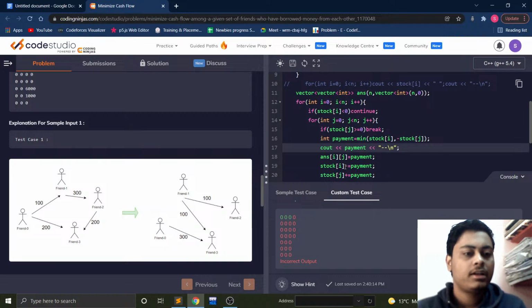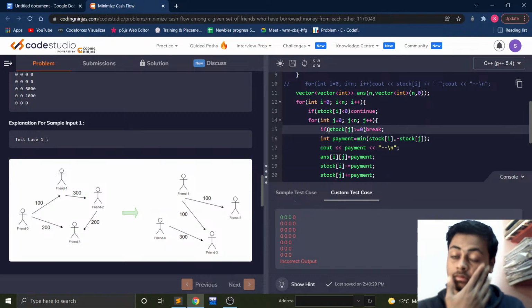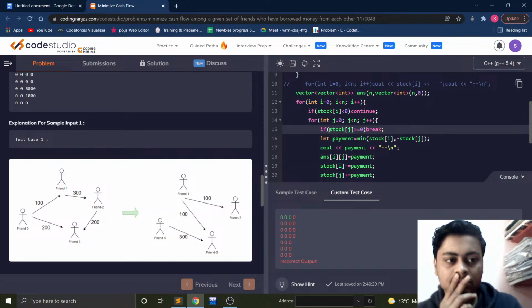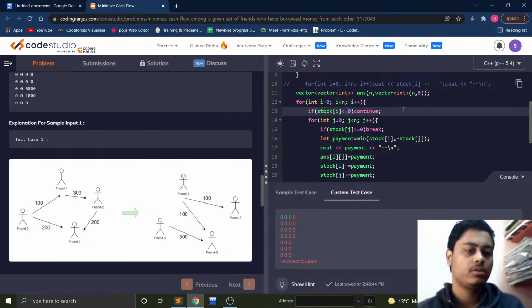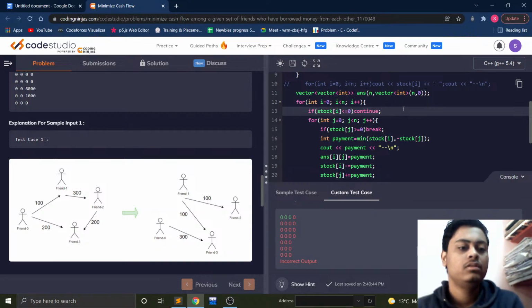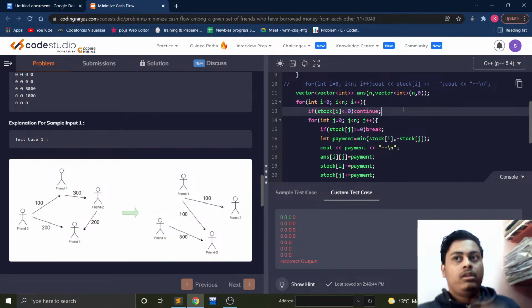Did it not come inside the second for loop? One thing is that we can put a 0 here. It will break out and then continue.